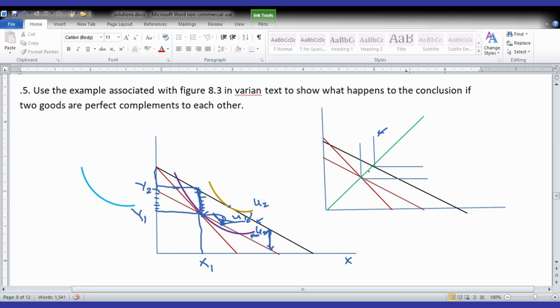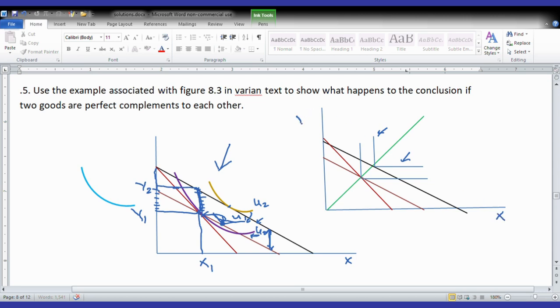So this is something that I had asked to tell you. This was something that was given in the text, and if you replace the indifference curve with the Leontief indifference curve, you will see that both income tax and the excise tax become equivalent in terms of utility loss.